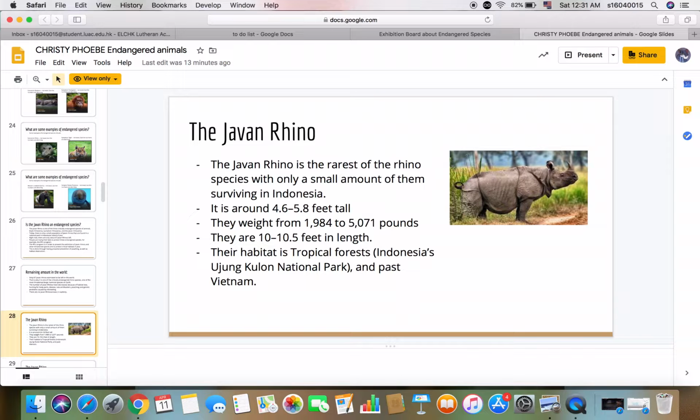It is around 4.6 to 5.8 feet tall and weighs about 1,984 to 5,071 pounds. They are 10 to 10.5 feet in length, and their habitat is tropical forests, such as the Indonesia National Park and past Vietnam.